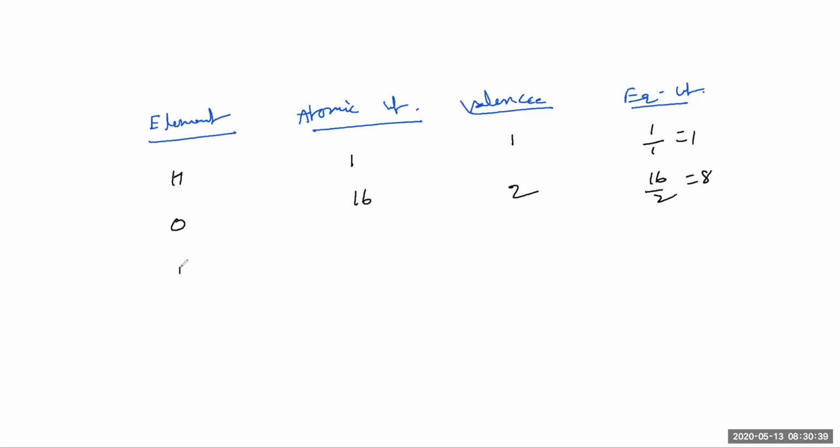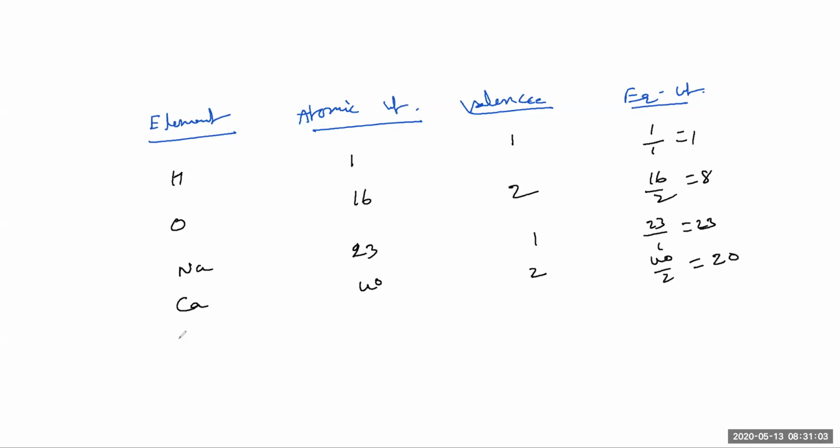Sodium: atomic mass 23, valency 1, so 23 by 1 is equal to 23. Calcium: atomic mass 40, valency 2, so 40 by 2 is equal to 20.